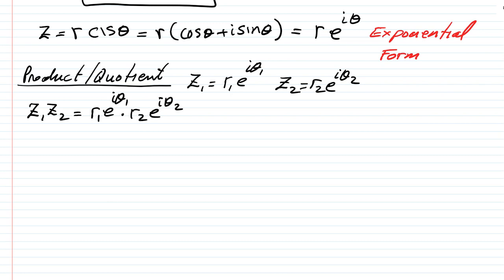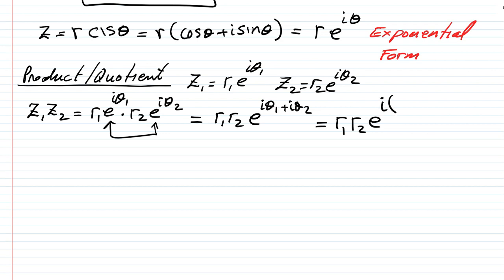And there you go. Now when we multiply these, the r's are real, right? So r1, r2, that's just the product r1 r2. And using properties of exponents, e to the i theta 1 times e to the i theta 2 becomes e to the i theta 1 plus i theta 2, and if you factor i, you get i times theta 1 plus theta 2.